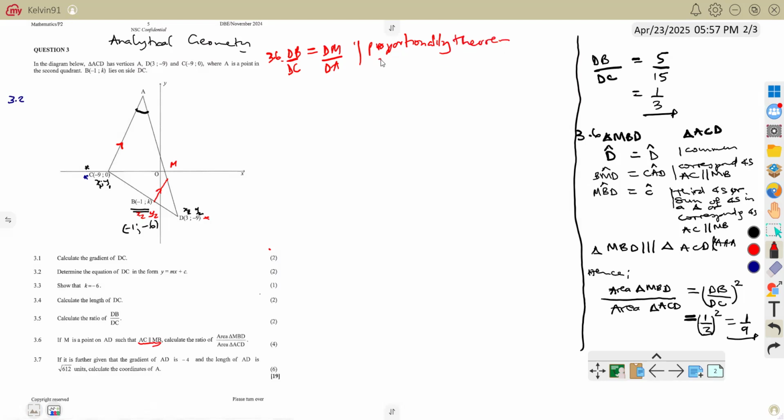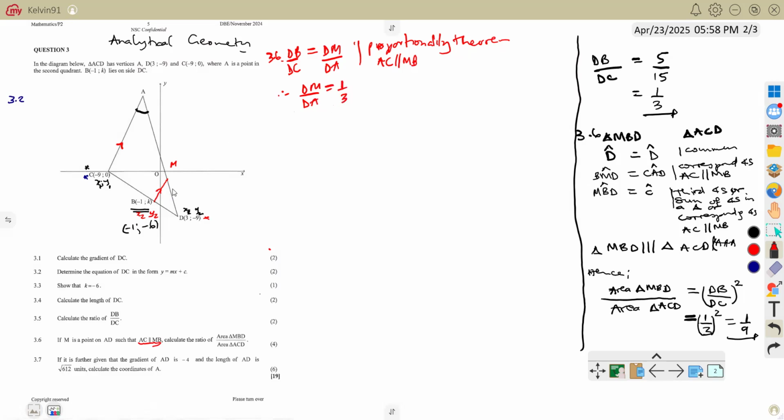The sides which are parallel, you are told that AC is parallel to MB. Then from there, you got it to be 1/3. So it means our DM over our DA will be equal to 1 over 3.